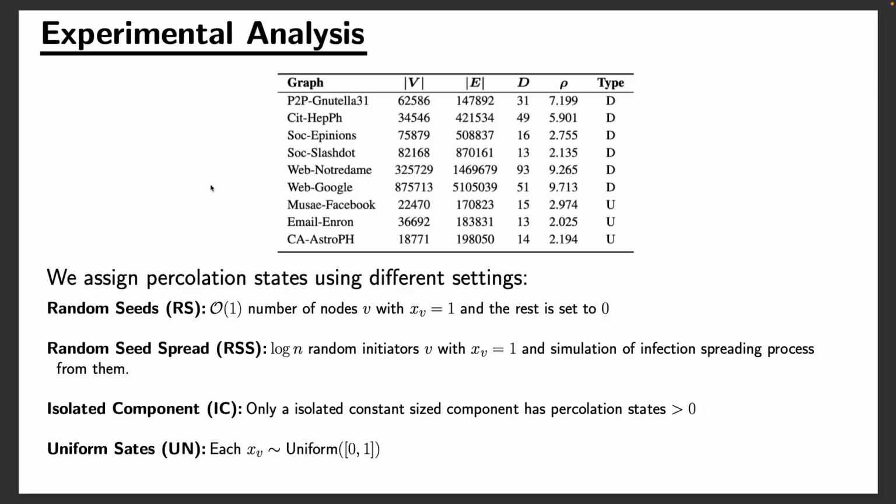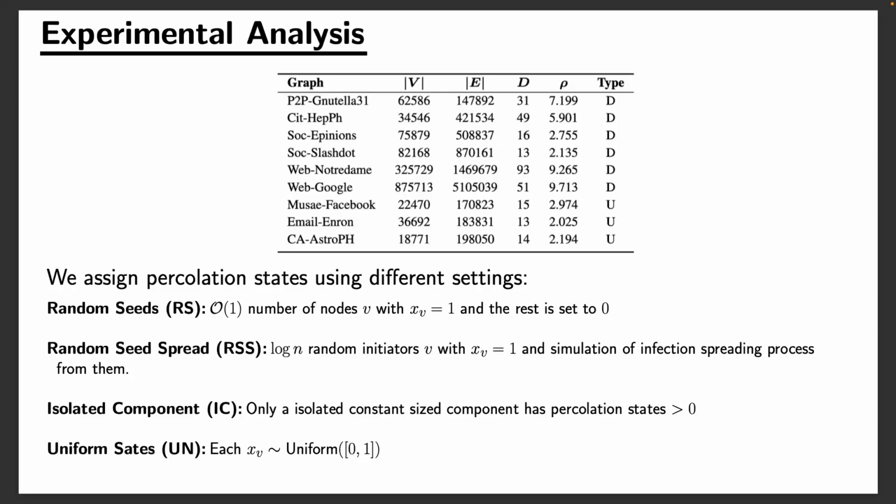Then we added a constant sized component that is disconnected from the original graph, but connected within the component, in which half of the nodes have percolation state equal to 0, and the remaining nodes have a percolation state that is greater than 0. This is meant to be a sort of stress test for our sampling algorithms, because it's going to be difficult to pick nodes from this small component.